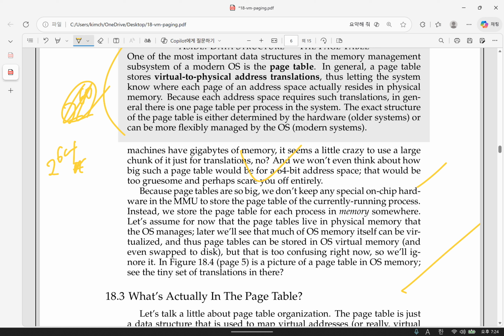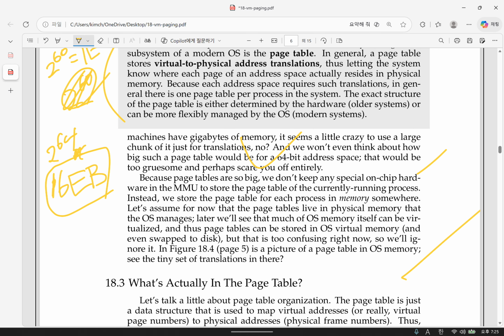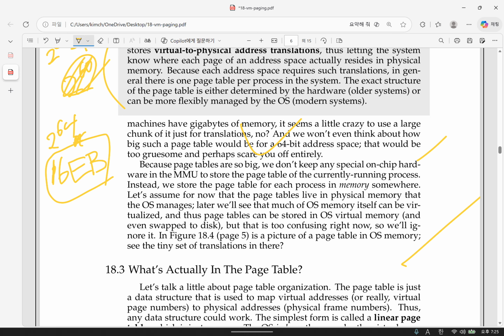I've never used an exabyte of memory or disk in my life, so I didn't know. But 2 to the 60 is 1 exabyte, and 2 to the 4 is 16, so that's going to be 16 exabytes of addresses, right?